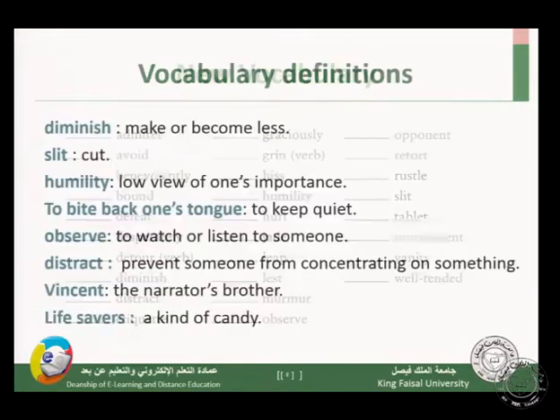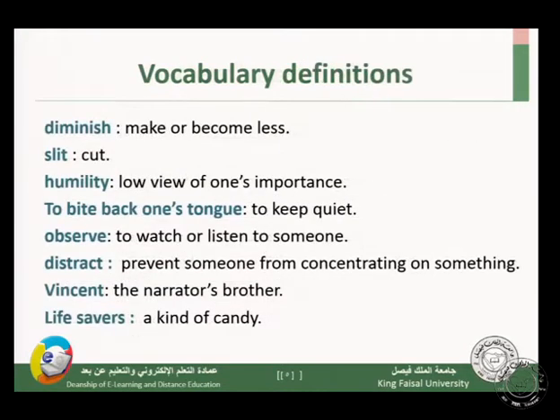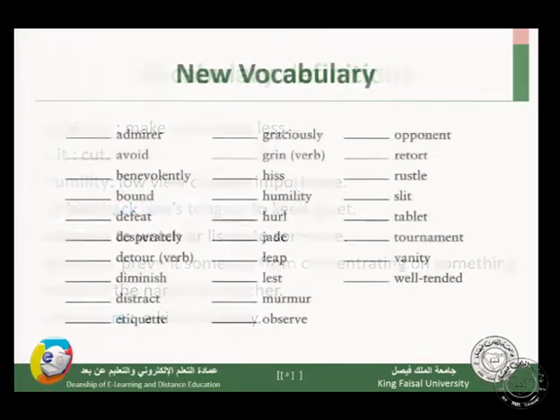To avoid someone is to ignore him, to try to not look at him. Avoid means tajannub. Benevolently, which means treating someone with good sense, بشكل إحسان, بشكل جيد. Bound means linked.